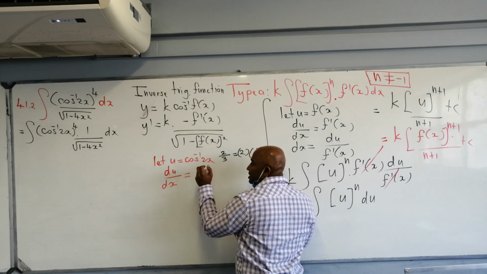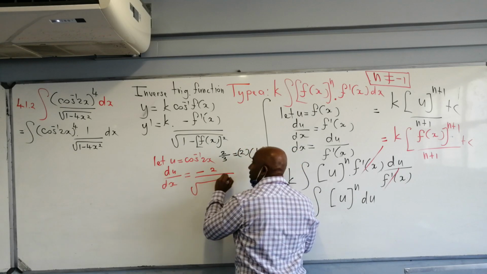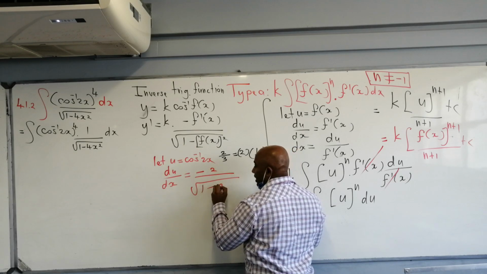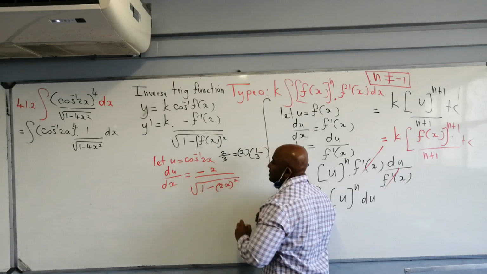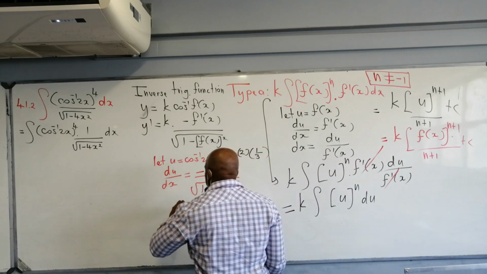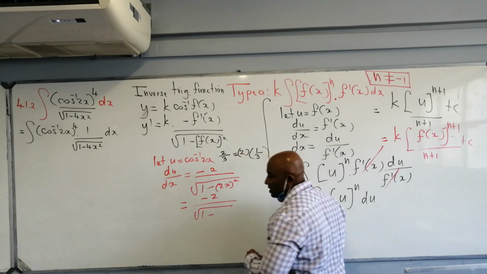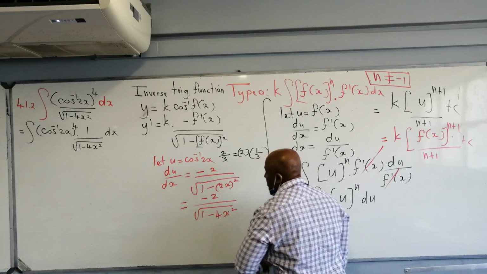So it's minus the derivative of 2x, which is 2. Can you see that? All divided by the square root of 1 minus 2x, f of x, which is 2x, all squared. Which is the same as minus 2 all over the square root of 1 minus 2x all squared, which is 4x squared.